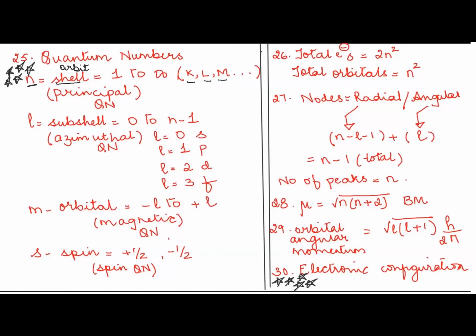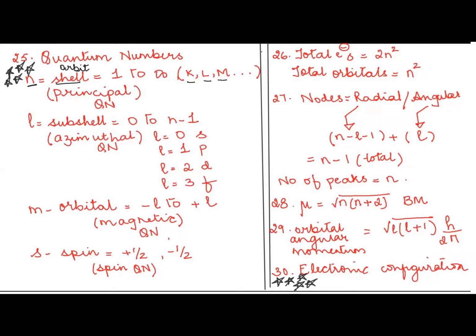Okay, so 1, 2, 3. So this first quantum number, which is called as principal quantum number N, is same as Bohr's theory, because Bohr had already suggested about orbit. So till there it was coinciding. But the rest of the quantum numbers are a bit more sophisticated, more modern.